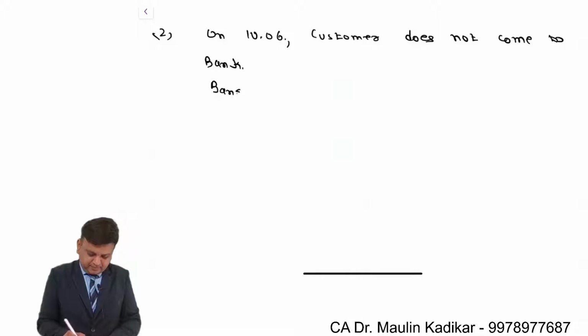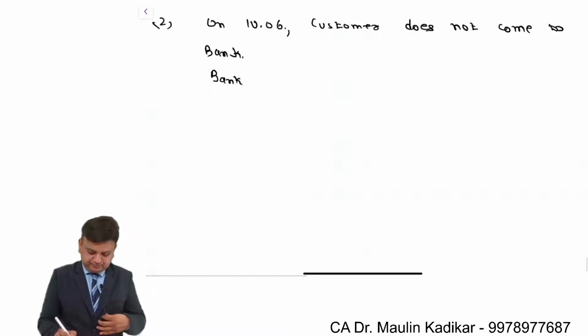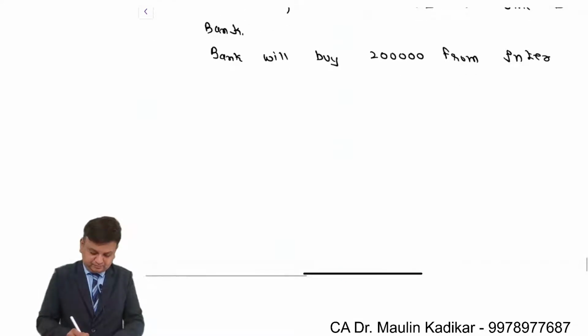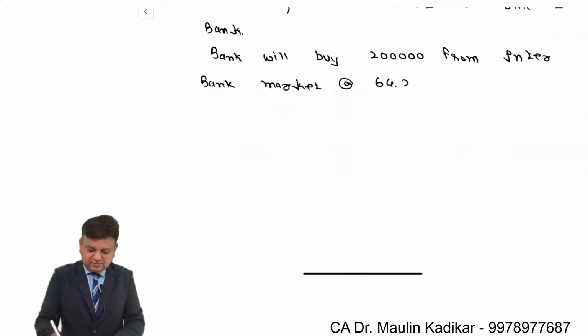Bank will buy 2 lakh dollar from the interbank market at the rate of 64.28 rupees per dollar.